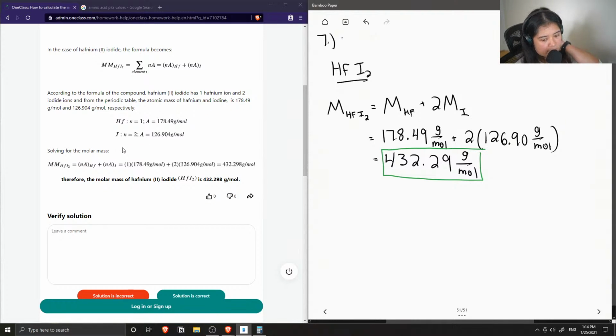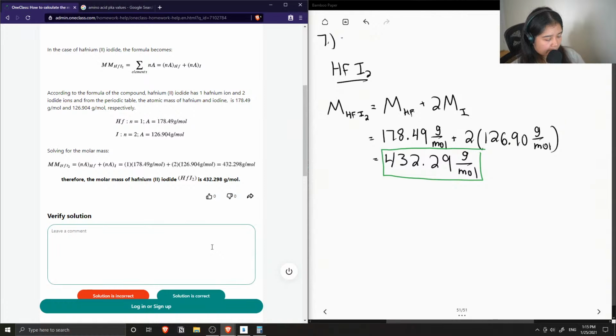Okay, so for solving the molar mass, they added the values up and multiplied the iodine molar mass by 2, and also got 432.298 grams per mole. Yep. So this solution is correct.